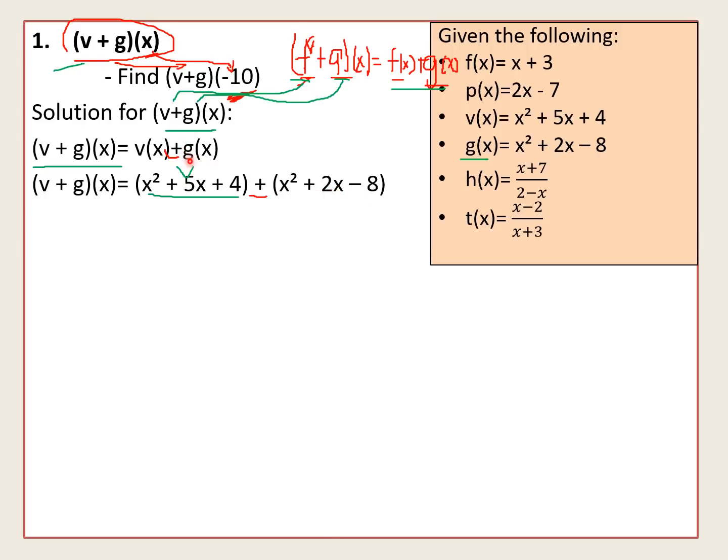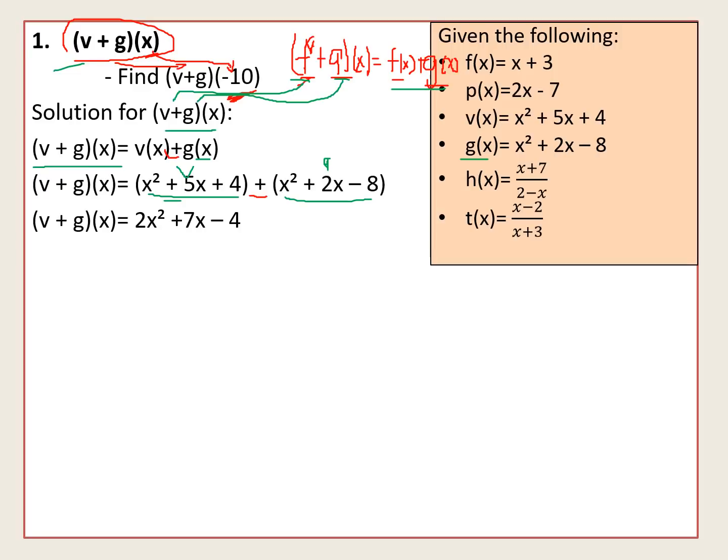I-replace natin si g ng value niya. Okay? So, our g here is equivalent to its value. So, pinalitan lang natin sila ng value nila. So, this is v and this is g. Okay? Now, next. After nyo ma-replace ng value nila yung v and g, that's the time na isi-simplify na natin.